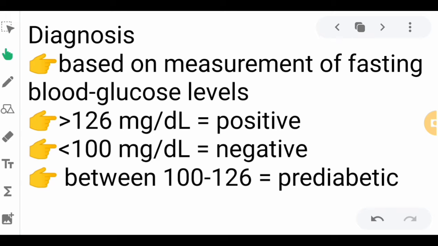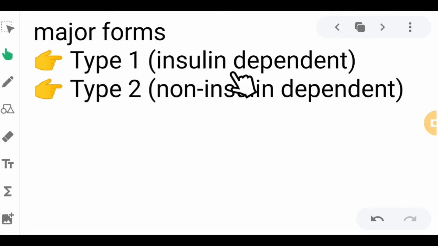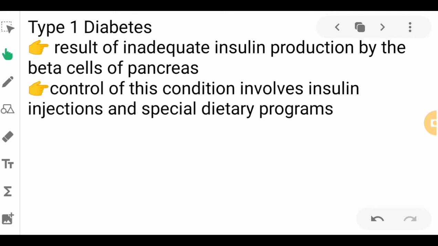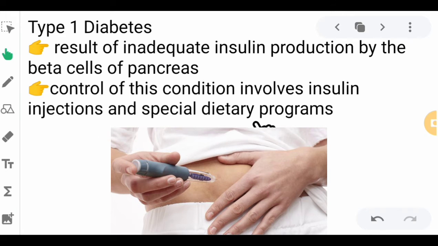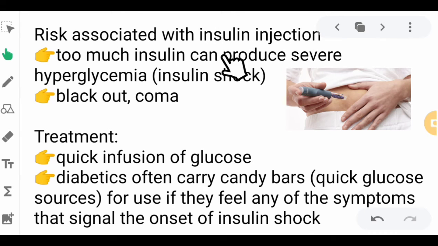There are two major forms of diabetes. We have type 1, which is insulin dependent, and type 2, which is non-insulin dependent. Let us discuss type 1 diabetes first. This is the result of inadequate insulin production by the beta cells of the pancreas. Control of this condition involves insulin injections and special dietary programs, but there is a risk associated with insulin injection.